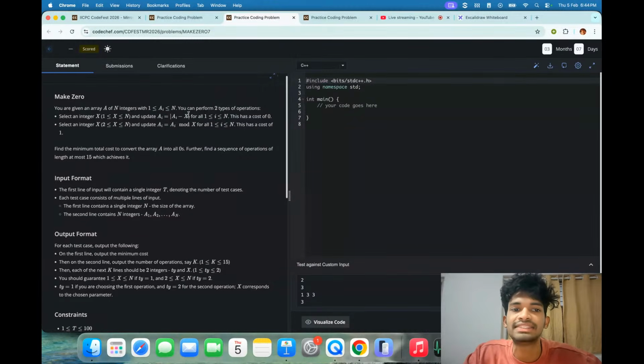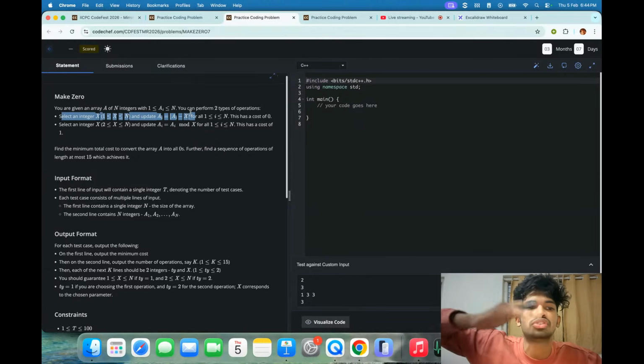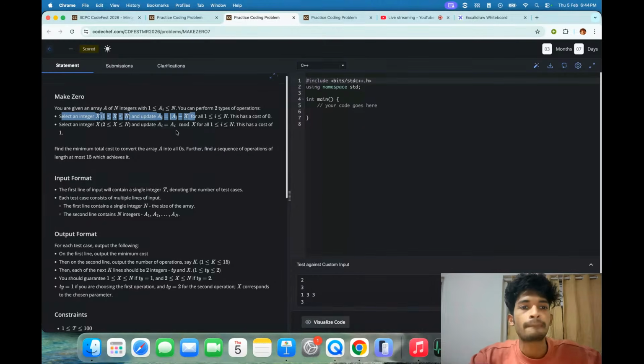To make these things 0, you have to use an x where ai equals x. That means before using this x, you want all the ais to have the same x. Otherwise, this will not work. So first you have to make them the same. If you make them the same, then you can use operations of type 1 to keep reducing. So it's all about making them the same.